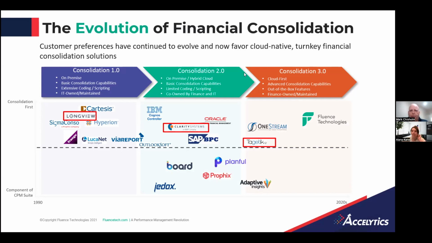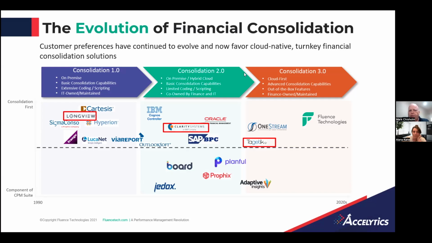With these scripting languages, you might find some astute accountants that picked it up. I was actually one of them, but in most cases, it was very much outside the realm of your traditional consolidation user, who's an accountant versed in Excel and the accounting guidelines, and able to apply their expertise from a functional perspective, not from a technical perspective.